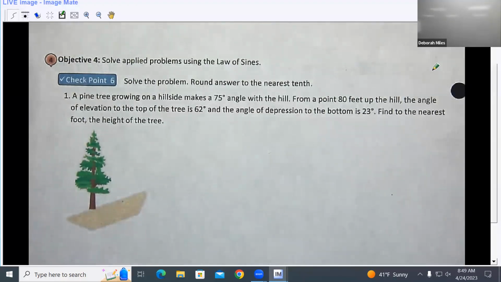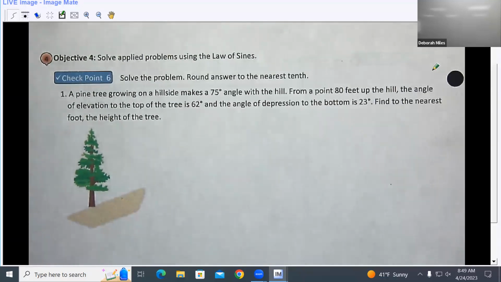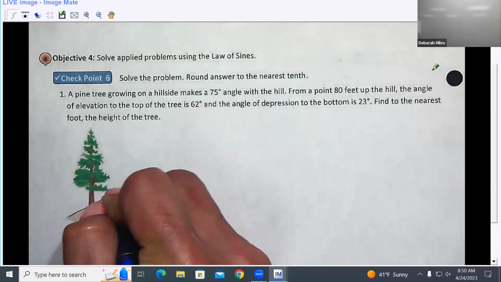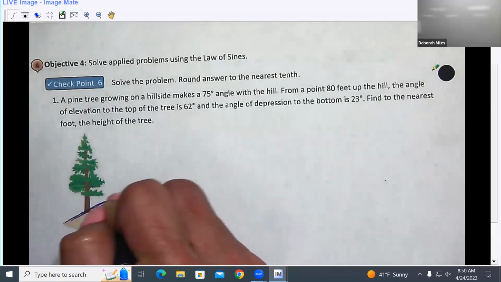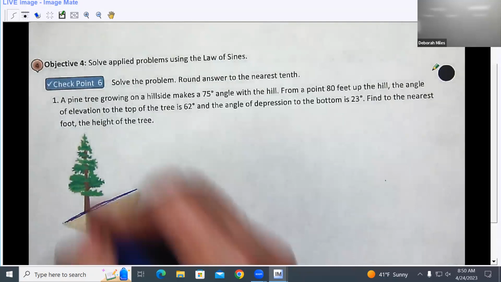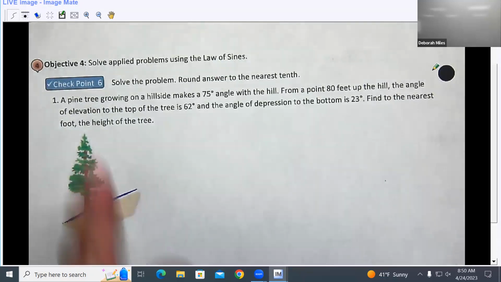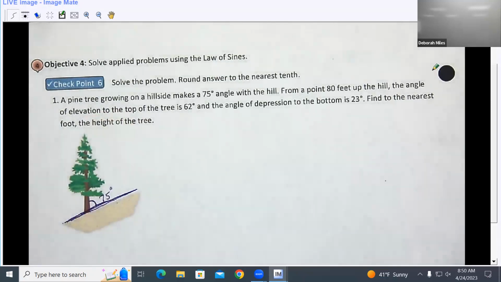Problem 1 says a pine tree growing on a hillside makes a 75-degree angle with the hill. All right, here's the hillside. And here's my angle that the tree makes with the hill, 75 degrees.